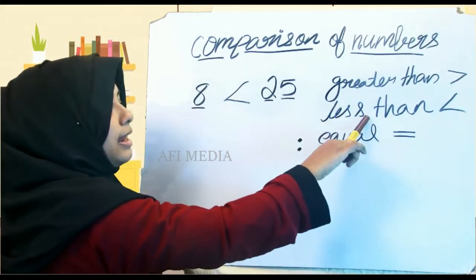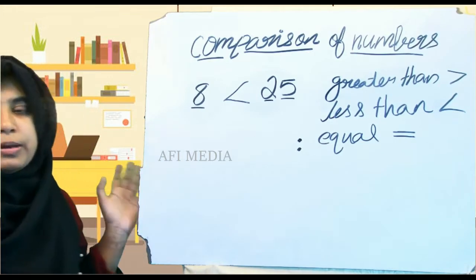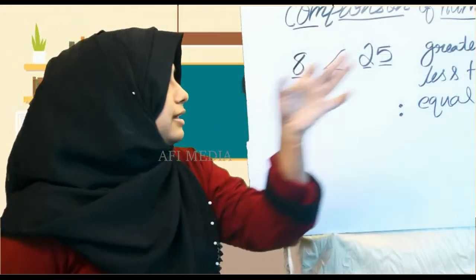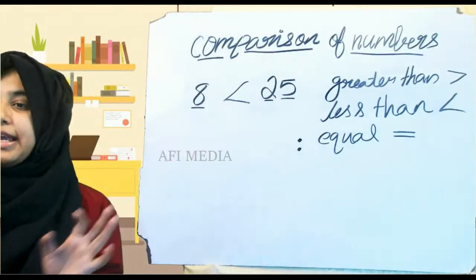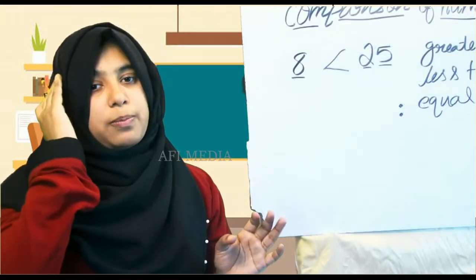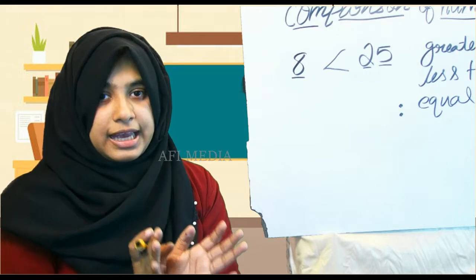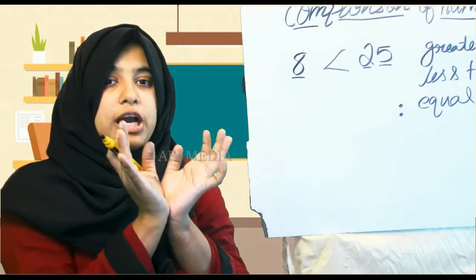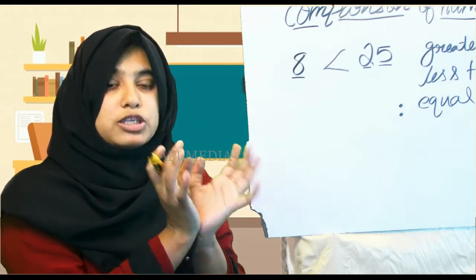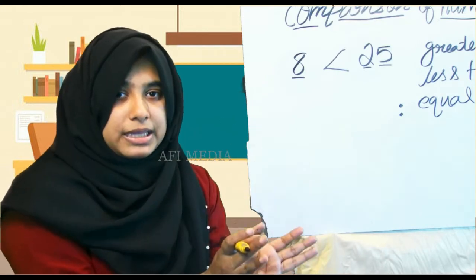Greater than, less than and equal. I already said how we can find the greater than symbol. Suppose a crocodile is there, he always eats big numbers, so he always opens his mouth towards big numbers.